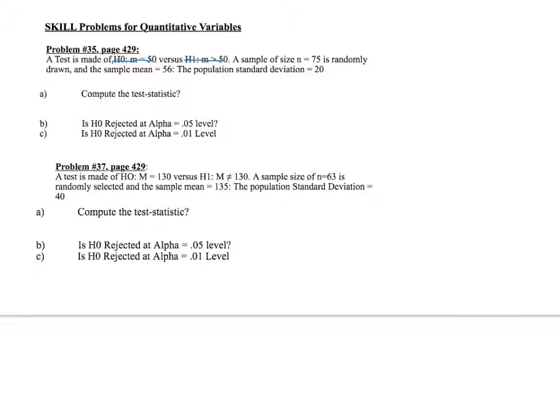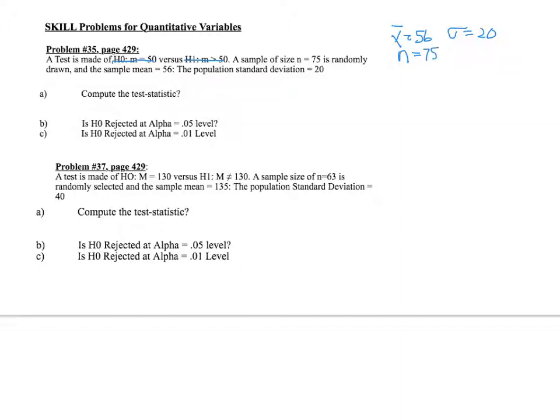So x bar in this case is equal to 56. The population standard deviation is 20, so we'll put that down. And the sample size that we said was equal to 75.